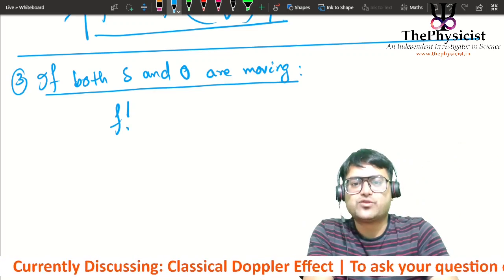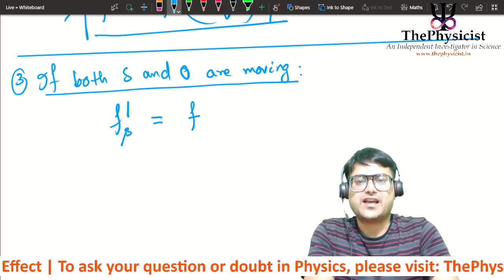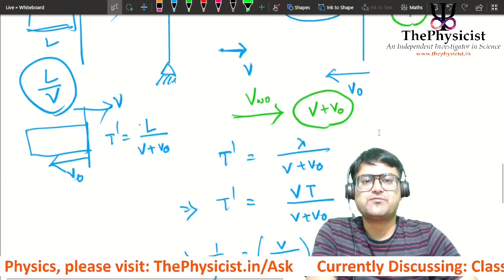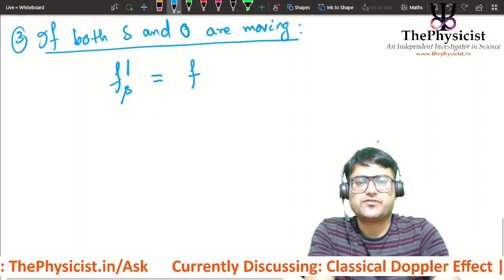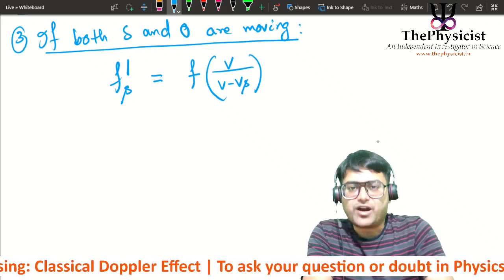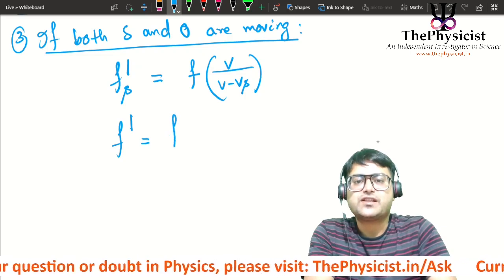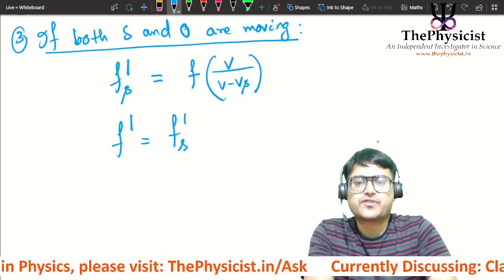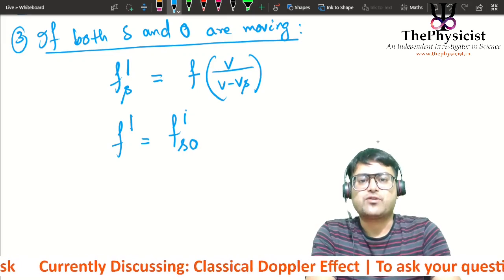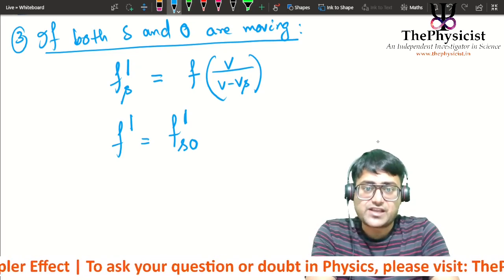So the apparent frequency due to the source's motion is equal to the true frequency f, and that we have taken in equation 1, which is f into v divided by v minus vs. So this is v divided by v minus vs. Yes, but the final apparent frequency, which is the apparent frequency due to the source's motion apparent to the observer, now includes the observer's motion also. Instead of f dash s, I'm writing f dash so.